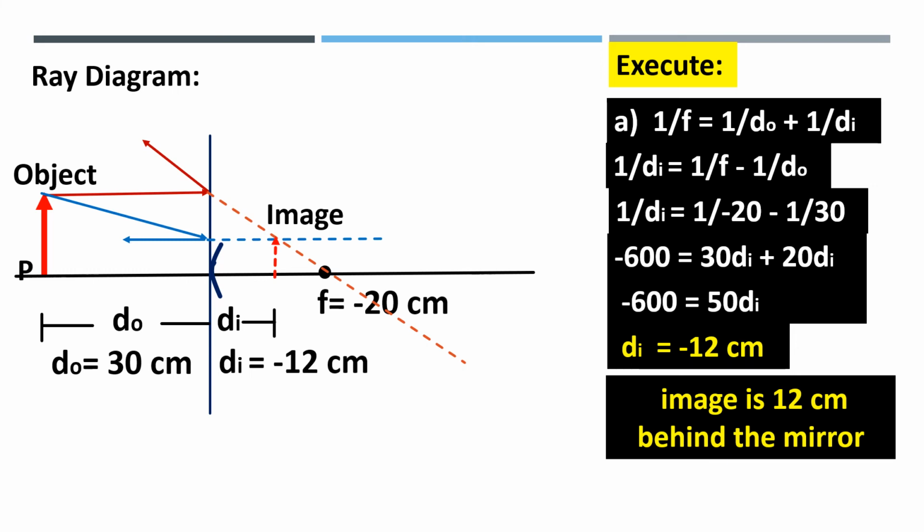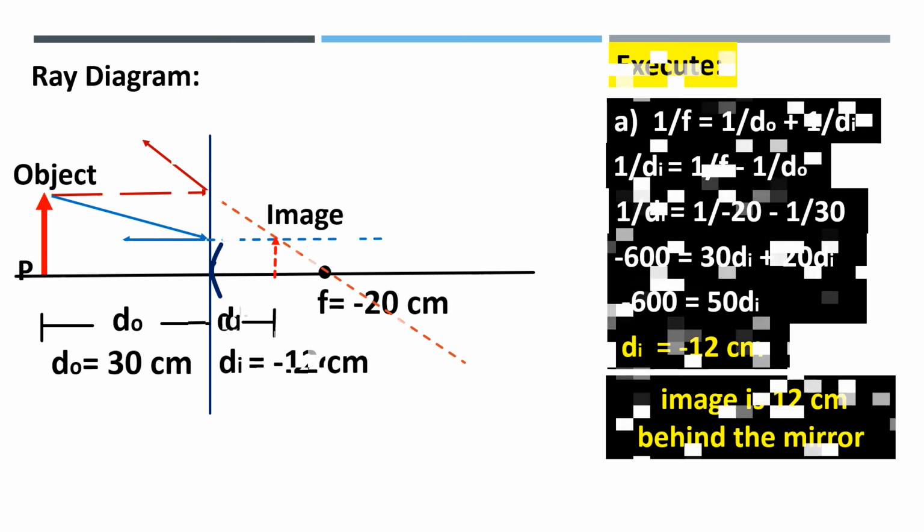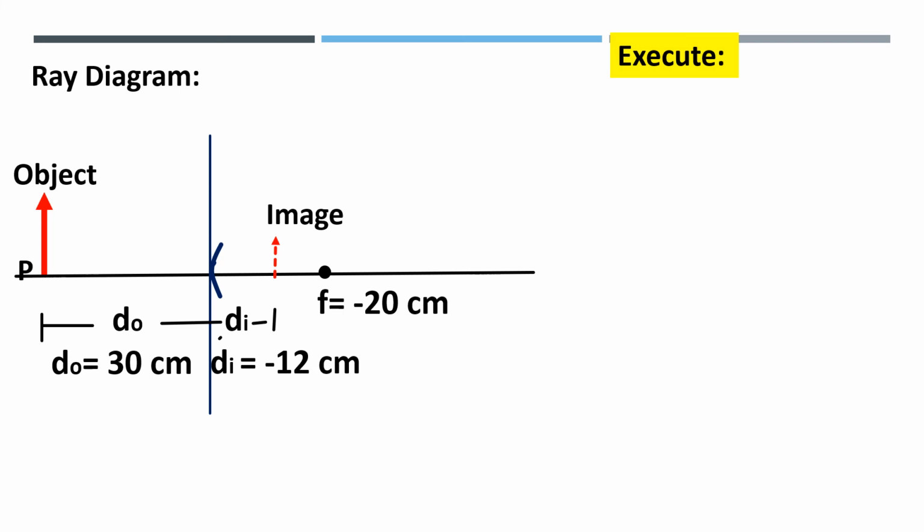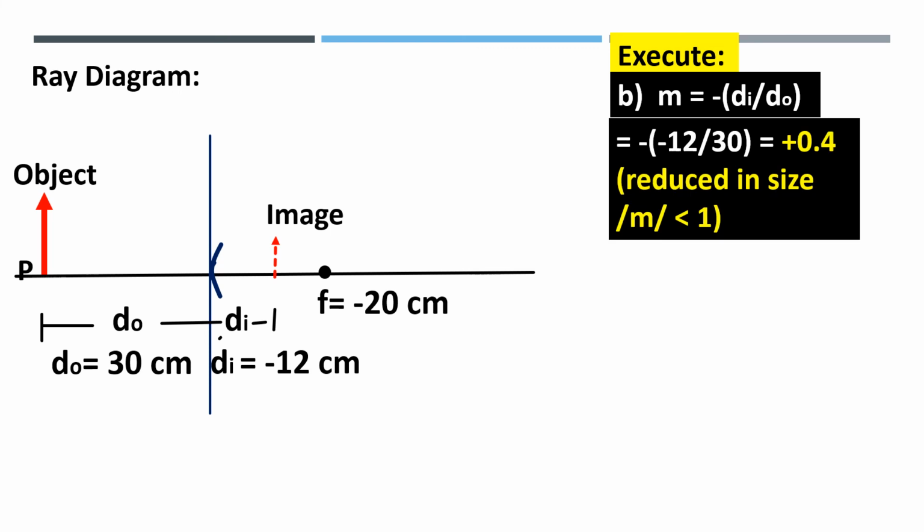Okay, so completing our computations, we have the magnification where the formula is negative di over do, and substituting, this is what we get. Negative of negative 12 over 30, we get positive 0.4. What does that mean?